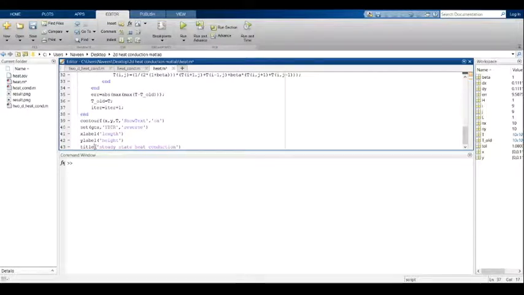Here another command, which is fprintf, backslash n to change the row, number of iterations, %d, and here it is iter.